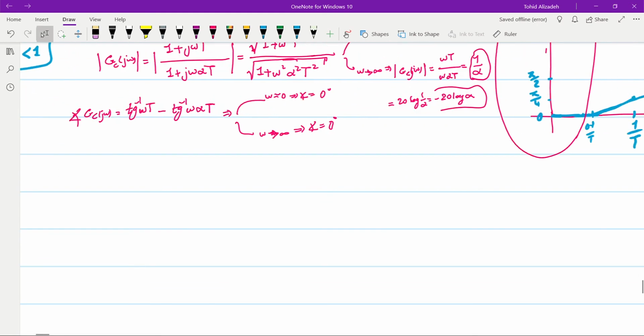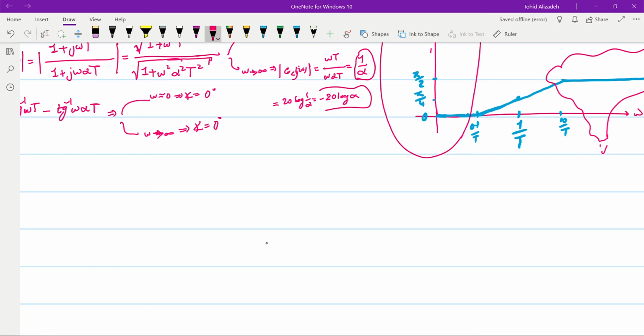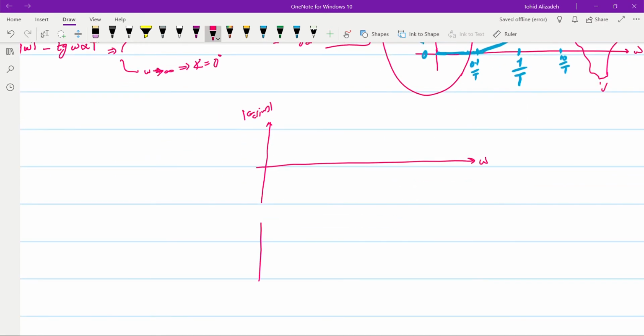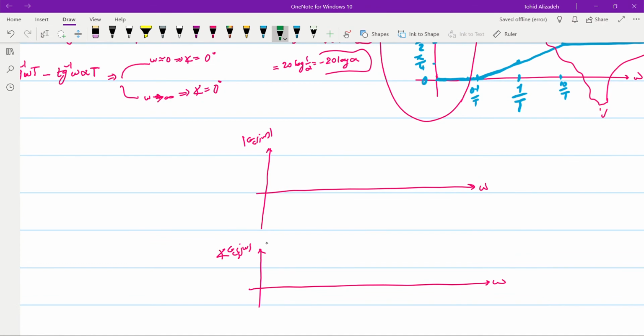If I draw the Bode plot for the lead compensator, let's say that here we have the amplitude, and here we have the phase plot. We have the zero at 1 over T frequency, at 1 over alpha T we'll have the pole, and these are the same frequencies.